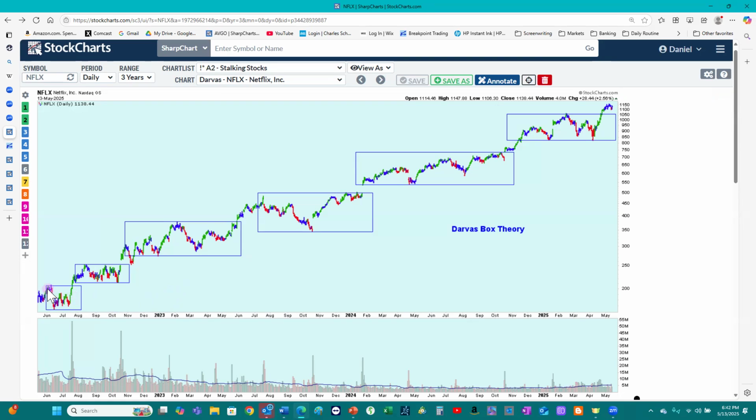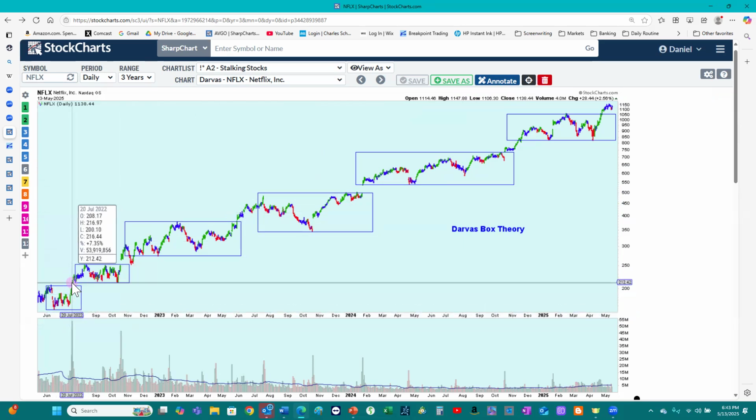So he draws a line across the top, or resistance, and he waits for it to make the lowest low, which is support. And then when he identifies the lowest low, he draws a box around that. And then he waits until it goes out of the top of the box with high volume. That's really important. So that'll happen right here. So that's where he buys.